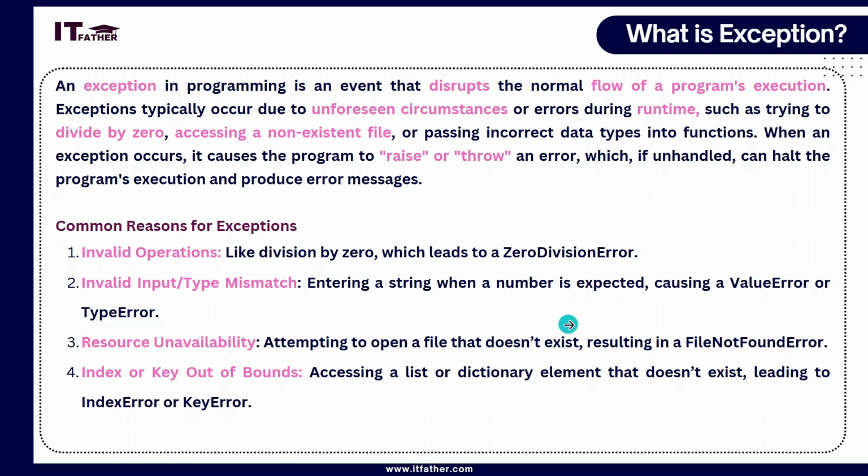When an exception occurs, it causes the program to raise or throw an error. जब भी exception occur होता है तो ये program को force करता है to either raise or throw an error, which if unhandled can halt the program, means program execution will stop. आपका प्रोग्राम जो भी execution कर रहा है वहीं पे stop हो जाएगा.